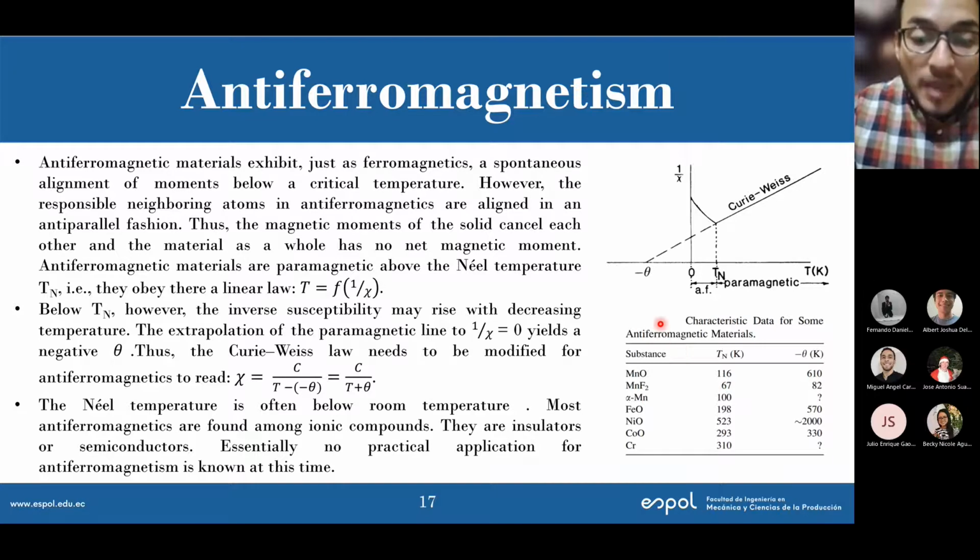And in this case, it can be applied to antiferromagnetic materials above the Néel temperature, but with this correction term of negative theta, right? Just to make it a positive value overall. This was completely empirical, right? So there's not really an explanation for this yet. This was entirely empirical.